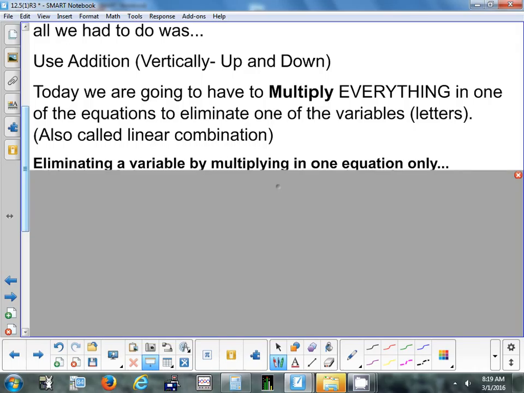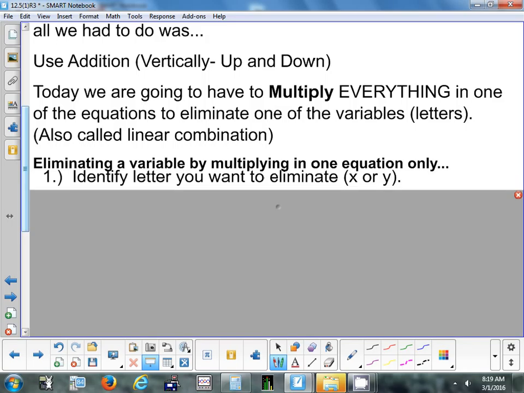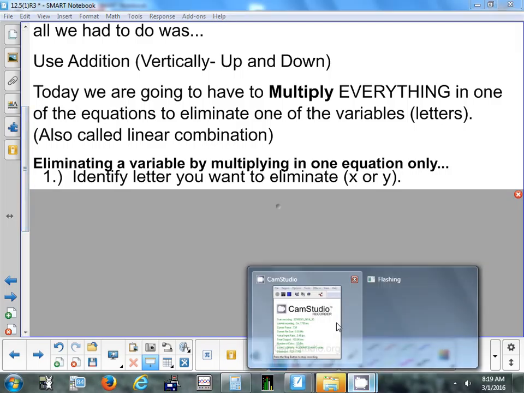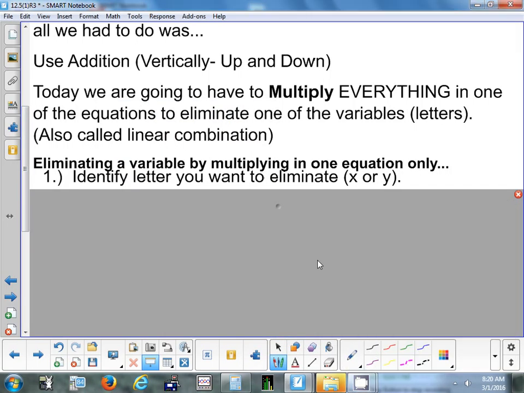So first thing we want to do is identify the letter that we want to eliminate. Like I told you at the beginning, we're going to have x, we're going to have y. Every time, that's always going to be the variable we use.